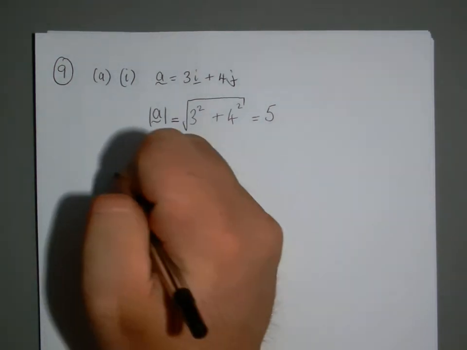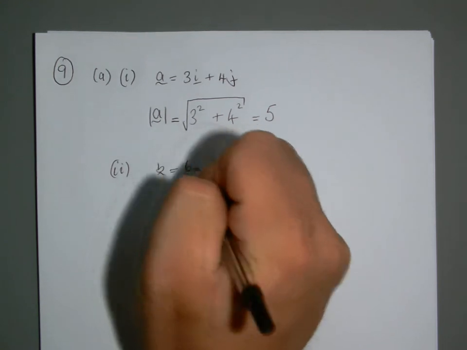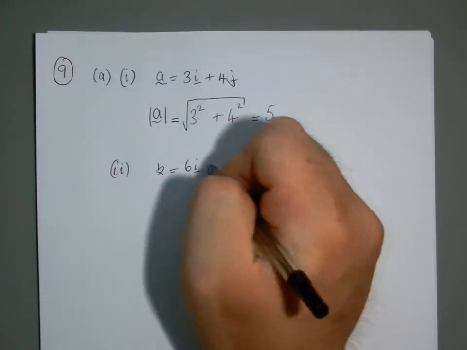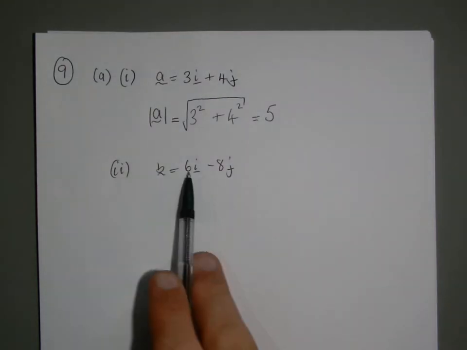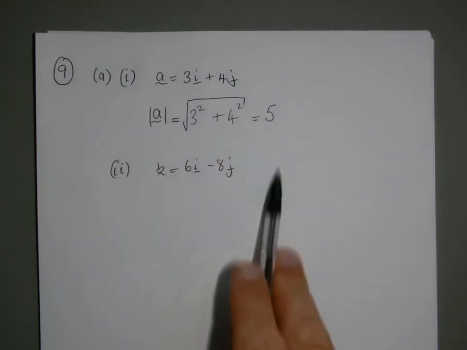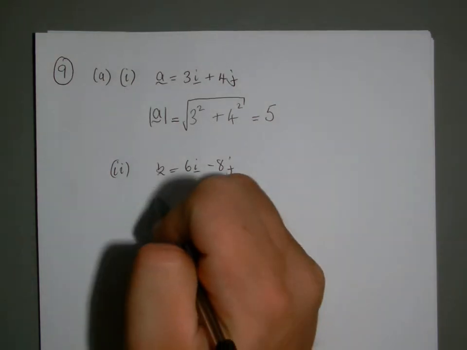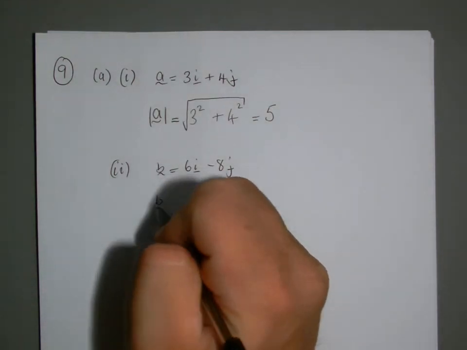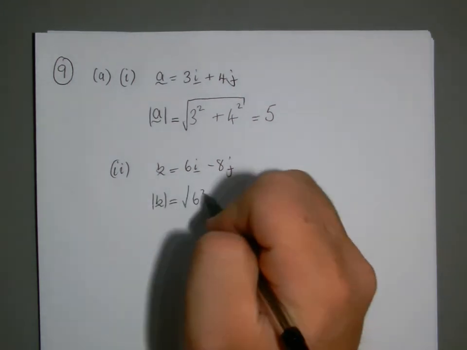Okay, second one. So what have we got? b equals 6i minus 8j. Again, you can draw that triangle if you want. You're going across 6 in the x direction, down 8 in the y direction. When you look at the triangle and you want to work out the size of that hypotenuse, you're going to square both sides.